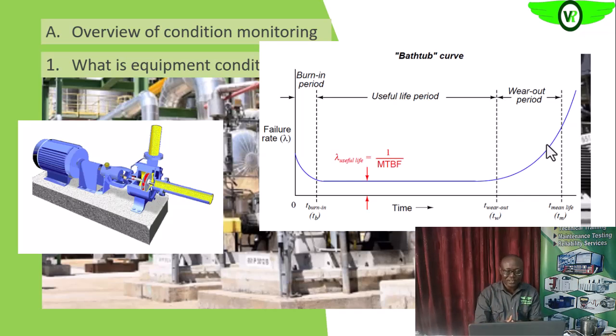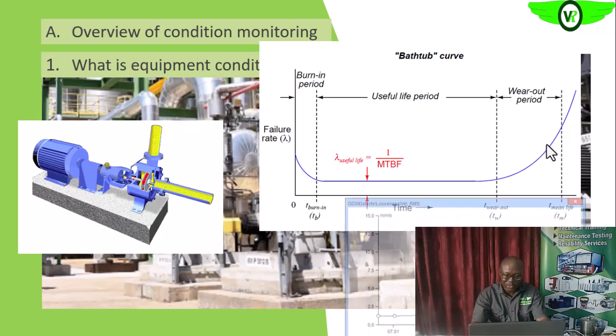So that parameter that you are looking at will tell you that something dangerous is happening within that component, which means you need to do something to bring that condition back to normal. Are you getting the analogy? Yes, so that is what we do in condition monitoring.